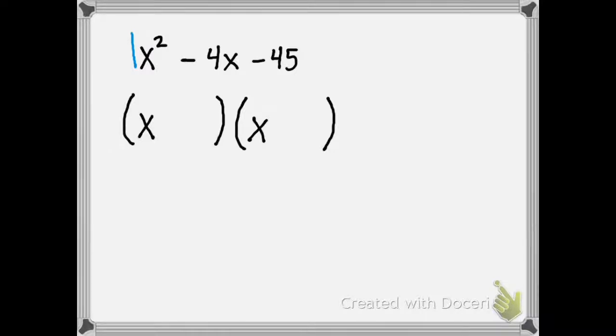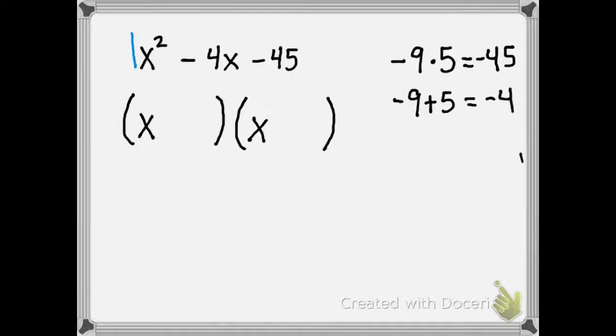Going through that, we can see it's going to turn out to be negative 9 and positive 5. Because if we multiply negative 9 times 5, we get negative 45, the constant term. And if we add those two, negative 9 plus 5, we get negative 4, which is the coefficient of the x term.